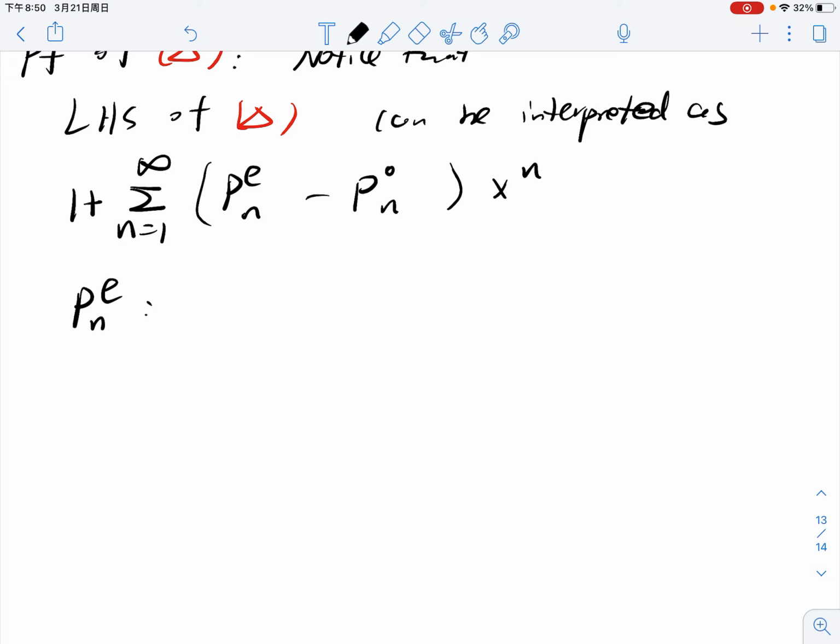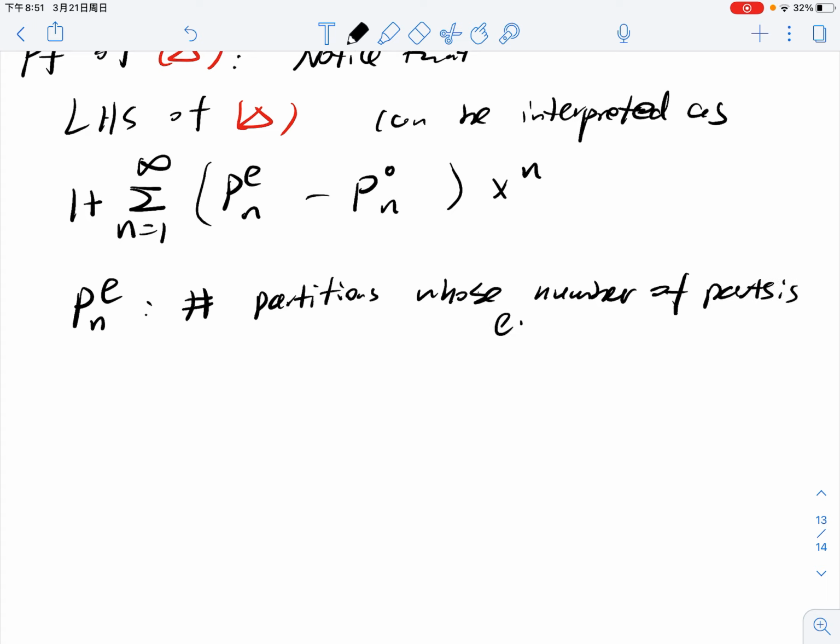This is the number of partitions whose number of parts is even.